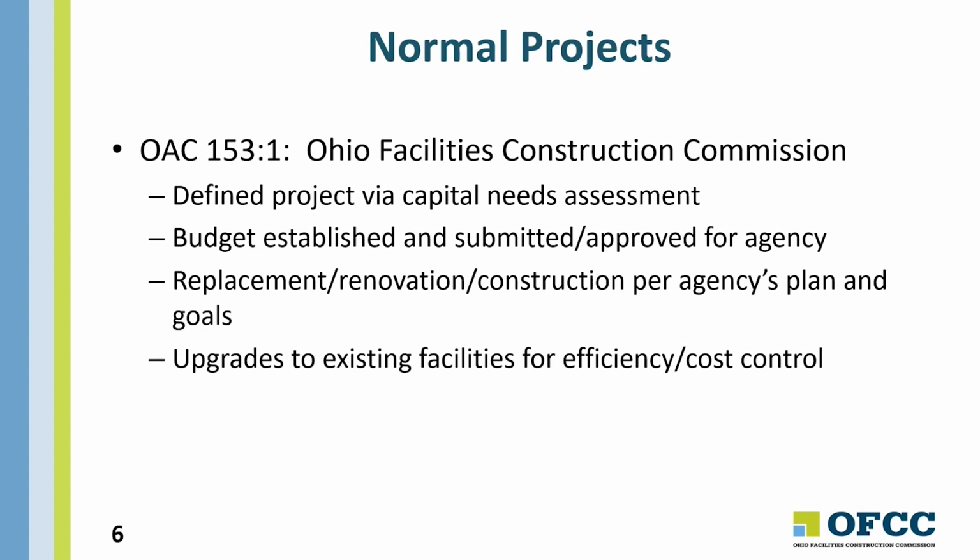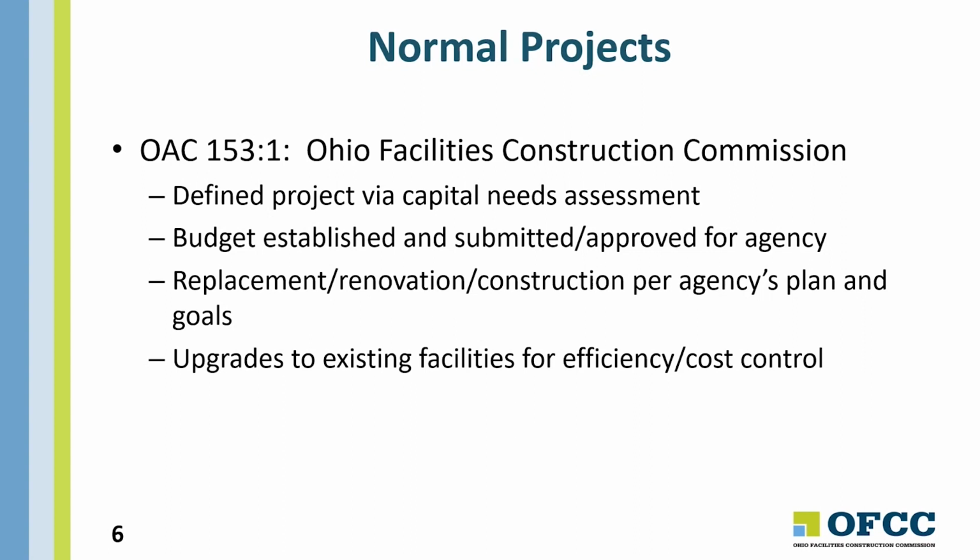There's a defined project via capital needs assessment. A budget is established and submitted and approved by the legislature for the agency through the capital appropriation process. This is a biennial cycle, so it happens every 2 years, and typically it starts with OBM issuing guidance for an upcoming capital bill.